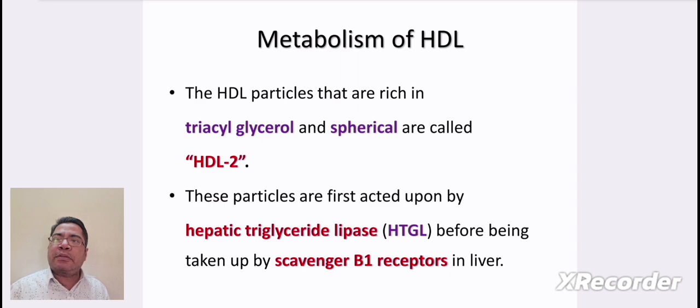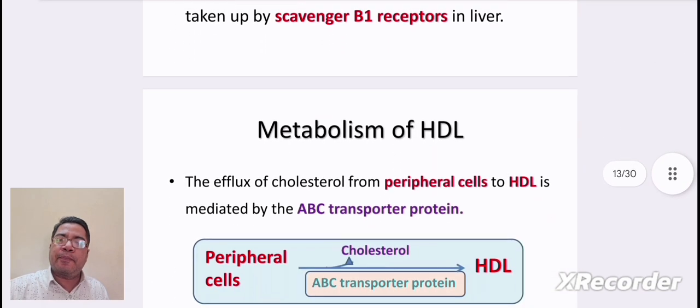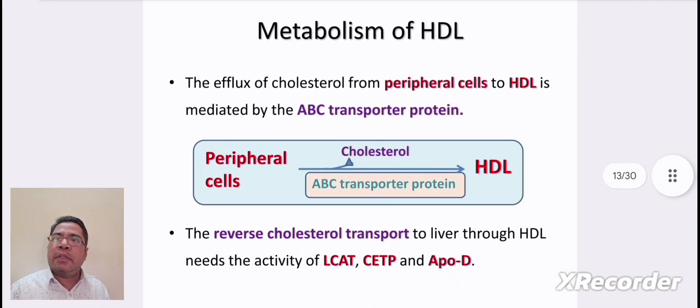The HDL particles that are rich in triacylglycerol and spherical are called HDL2. These particles are first acted upon by hepatic triglyceride lipase before being taken up by scavenger B1 receptors in the liver. The efflux of cholesterol from peripheral cells to HDL is mediated by ABC transporter protein.